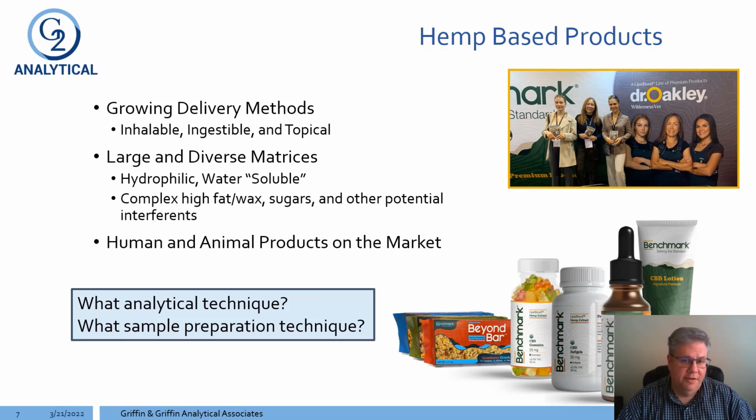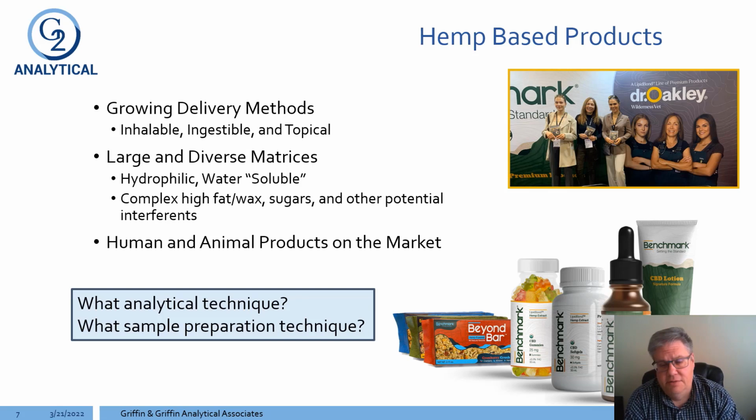First, there's a number of different ways that the product can be delivered via either inhalable, ingestible, or even topicals. And then the matrices that these products are put into can vary wildly, from everything from very oily to water soluble to high fats and waxes to sugars to dyes to fragrances, all potential interference when it comes to analyzing the cannabinoids themselves.